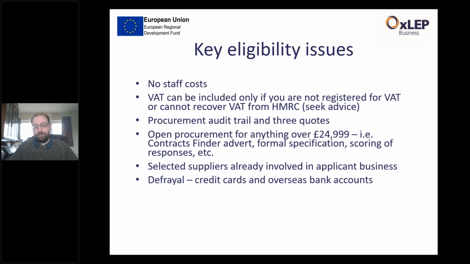So evidence of the 3 quotes that you sought, evidence of the open procurement, and where the supplier is involved in the business, making absolutely certain that that supplier had no unfair advantage in the procurement process.